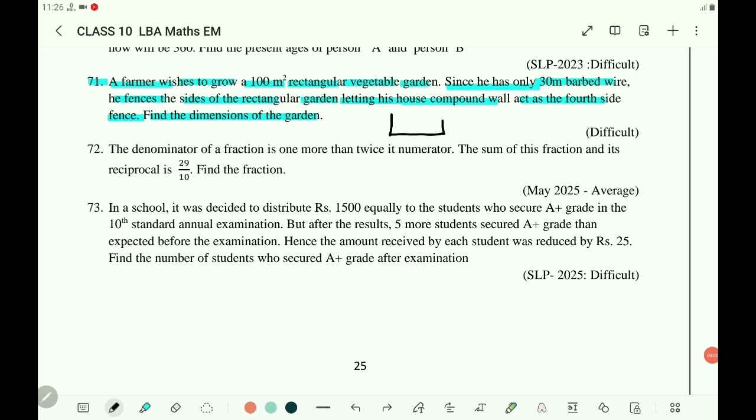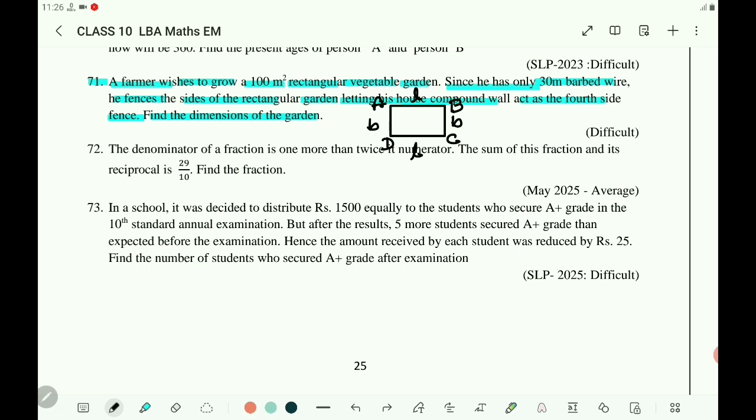Garden is in the rectangular shape. Consider AB, BC, CD, DA. You take AB is L, BC is B, DC is L, AD is B. And this L plus B plus L becomes 30 meter.